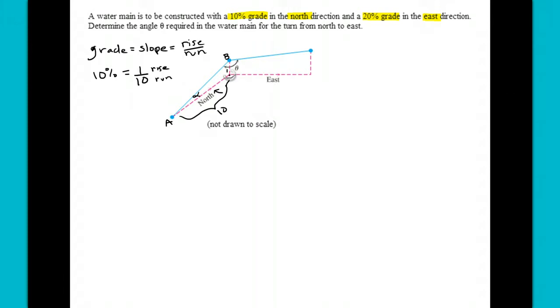And let's just make this the origin for simplicity's sake, so that we can think about this as our x-axis, then we have our y-axis, and then up here would be our z-axis. So we can actually get coordinates for the points.